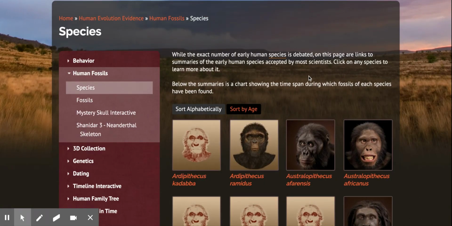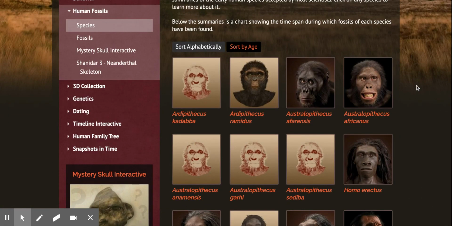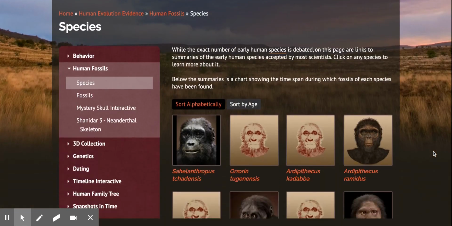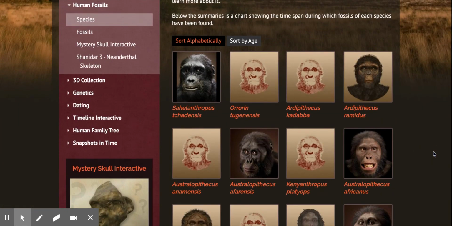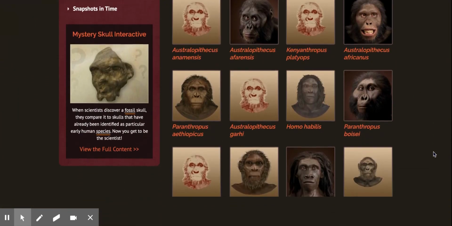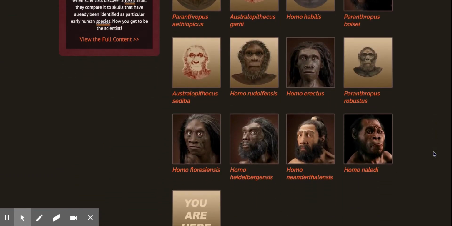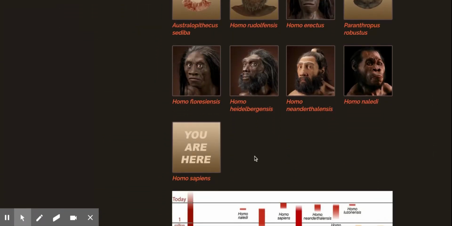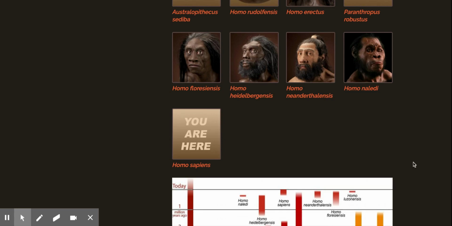I know kids get a hoot about some of these pictures and what they look like, but you can sort this alphabetically or sort by age. I usually do it by age so we can see where we fall in this very long list of hominids. And look where you are here, Homo sapiens. These are some of our relatives. These were actually living while we were living.